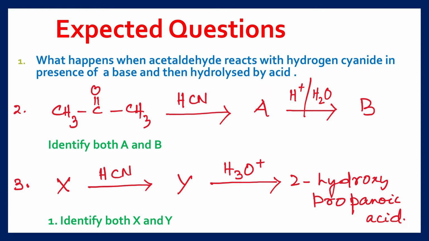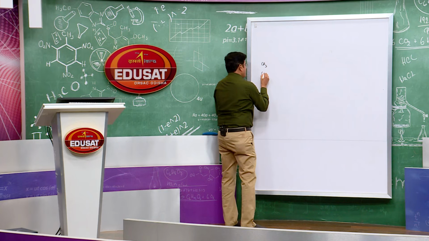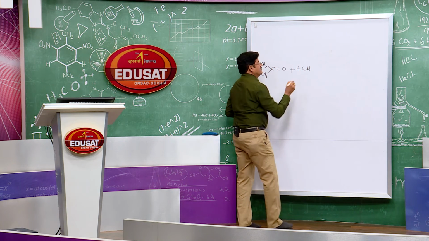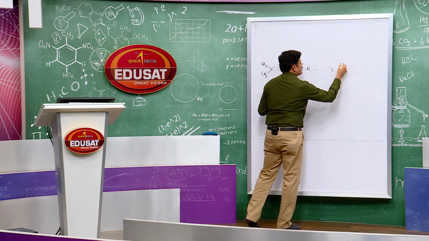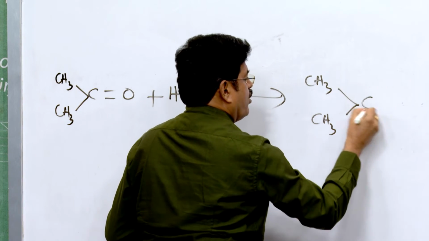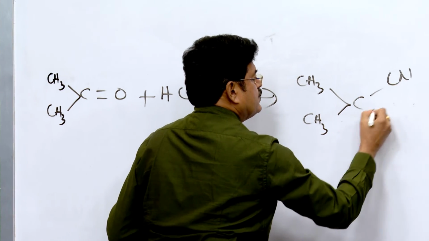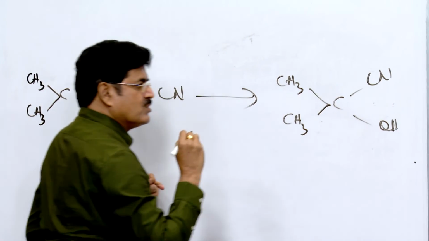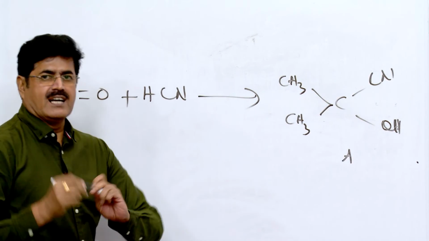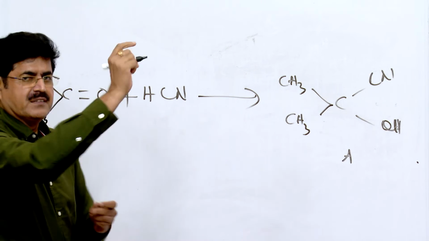Let me write this reaction on the whiteboard. Acetone, also called propanone, when it reacts with hydrogen cyanide, gives acetone cyanohydrin. Okay, this is the first product, compound A as per the question displayed on your screen.